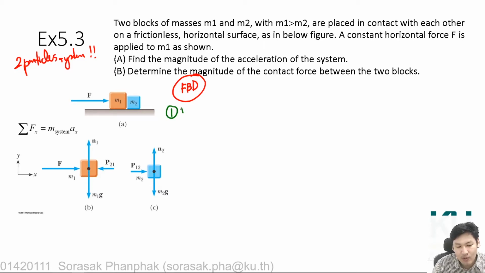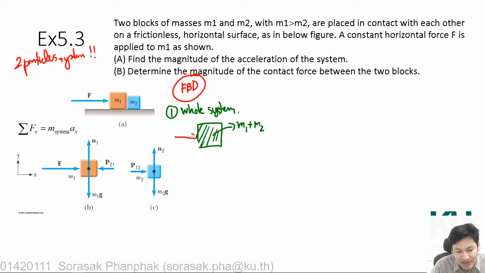For the first one, I will write down the whole system, which has two masses, M1 and M2, and you still have the resultant force F acting on this system. This is your first free body diagram for the whole system.